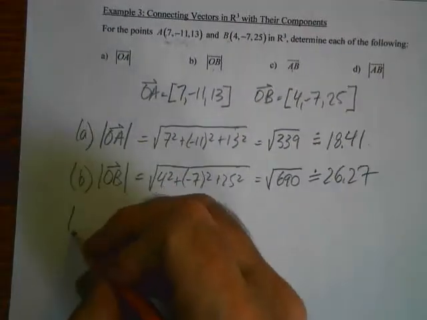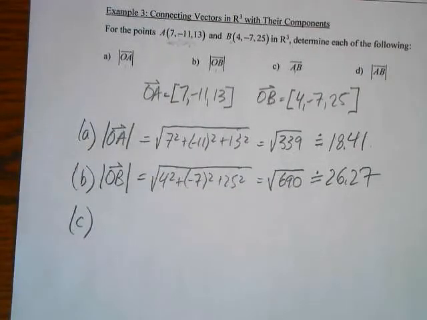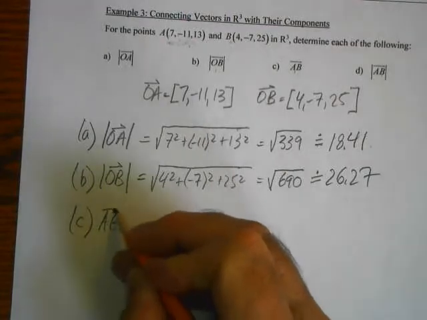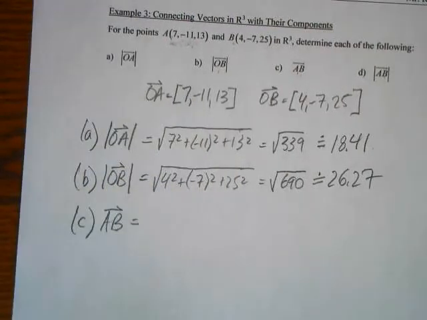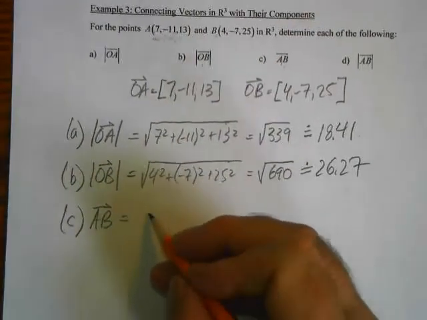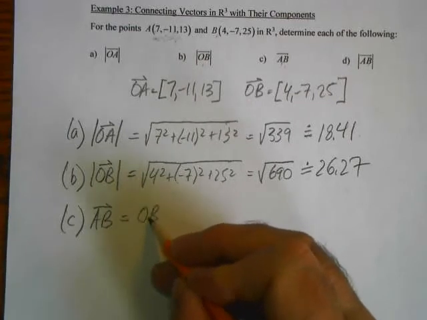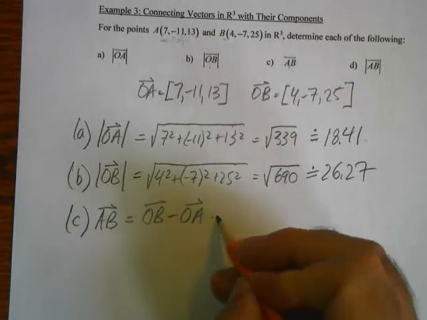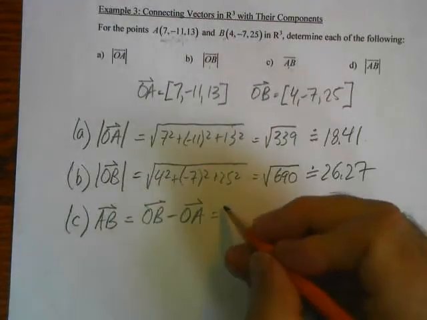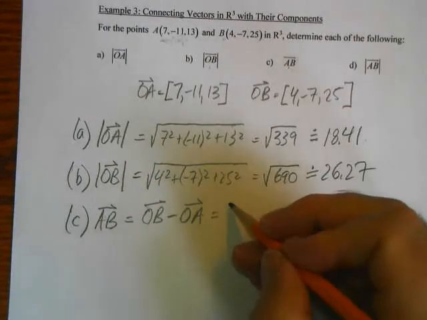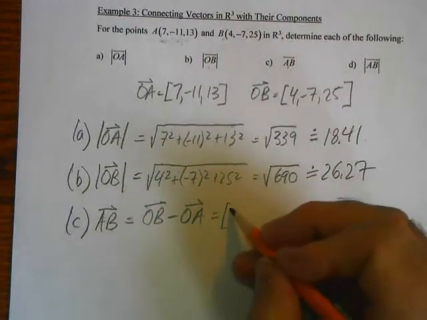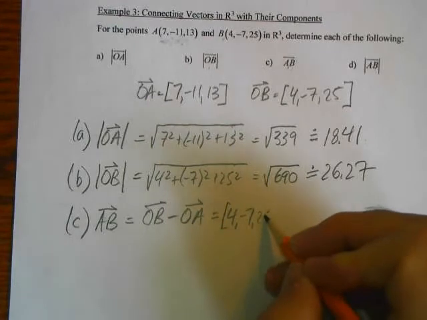Okay, and then the third one, this is different. We actually want the vector components of AB. So remember, the all-important formula is vector AB is vector OB minus vector OA. So this is where we do our vector math. So vector OB, we have the components there. Let's write them out. 4, -7, 25.